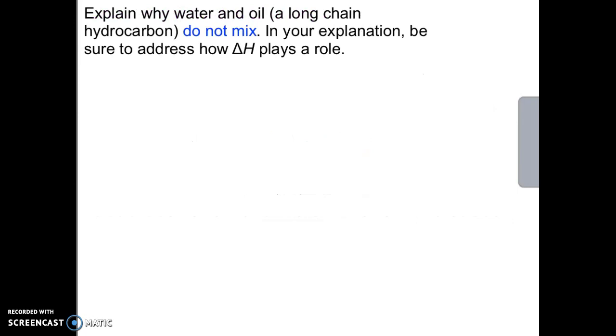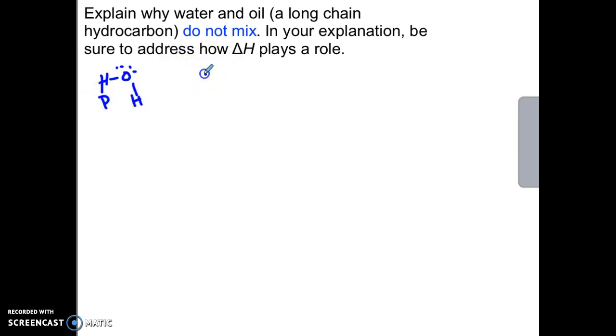Okay. One of the things that we can consider is when we talk about solutions, we know that water and oil do not mix. And typically you learn this through that whole idea that like dissolves like. We know that water has a structure basically that looks like this. So this would be a polar molecule.